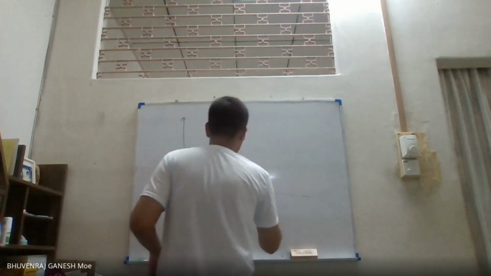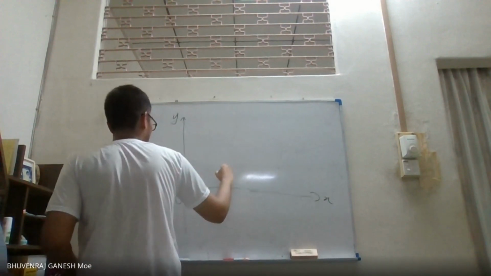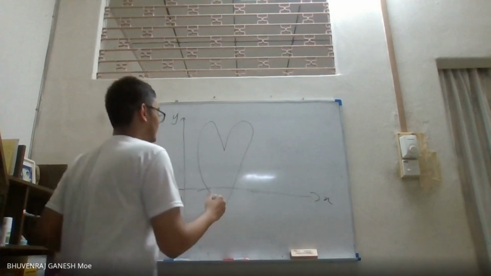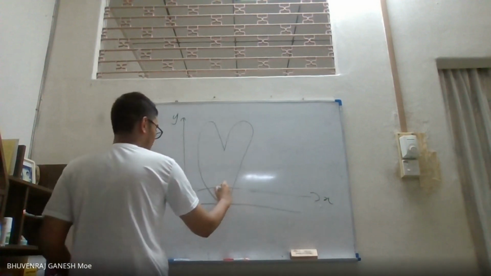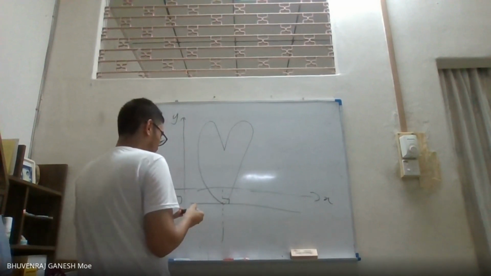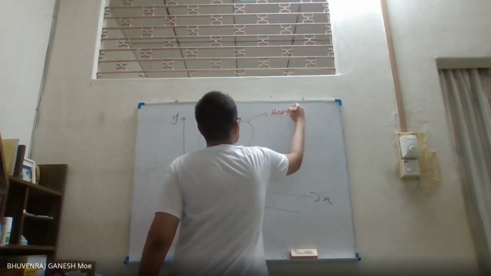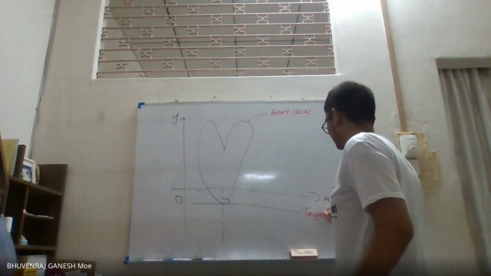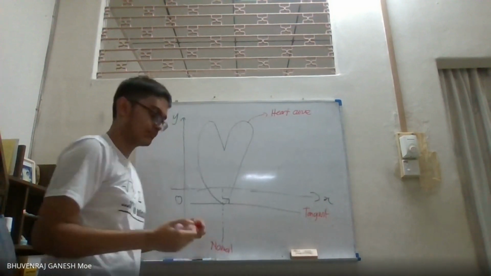So let's say x, y, 0. So let's say it's like this. So let's say I put the tangent down here at this point of the heart. So this is your tangent, and then your normal will be 90 degrees to the tangent, perpendicular. So this is your curve. And then this is your tangent. And this is your normal. So this is how they are related in one graph itself.